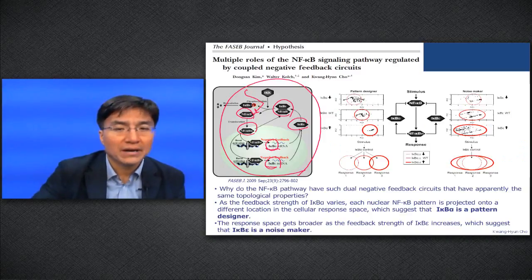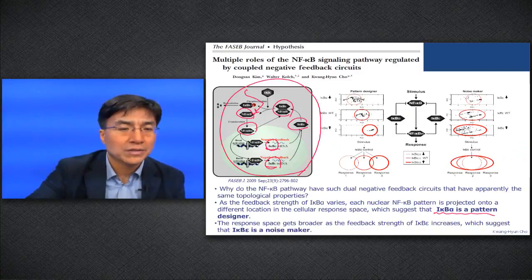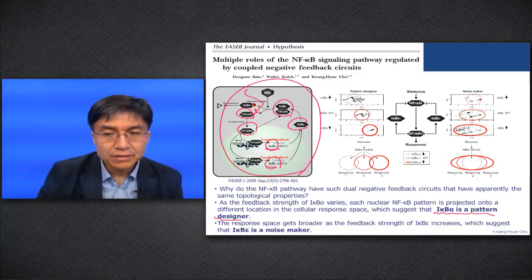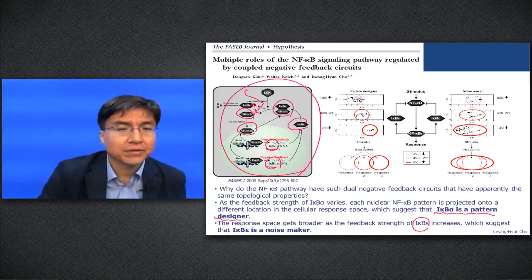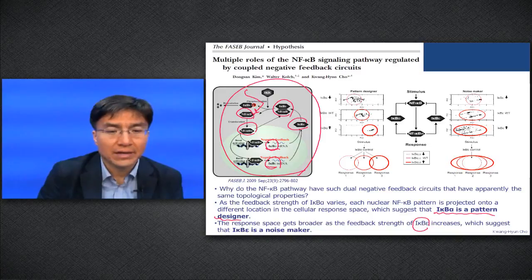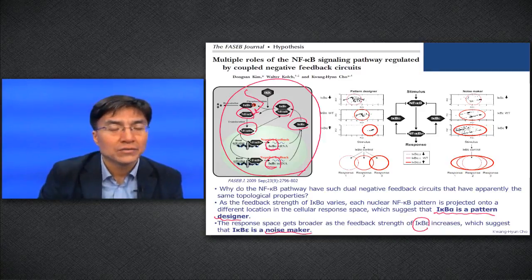I-kappa B alpha mediated negative feedback actually controls very different cellular response patterns. So it is a pattern designer. On the other hand, I-kappa B epsilon mediated negative feedback increases the noise level. So it can be considered a noise maker, resulting in heterogeneous cellular responses.